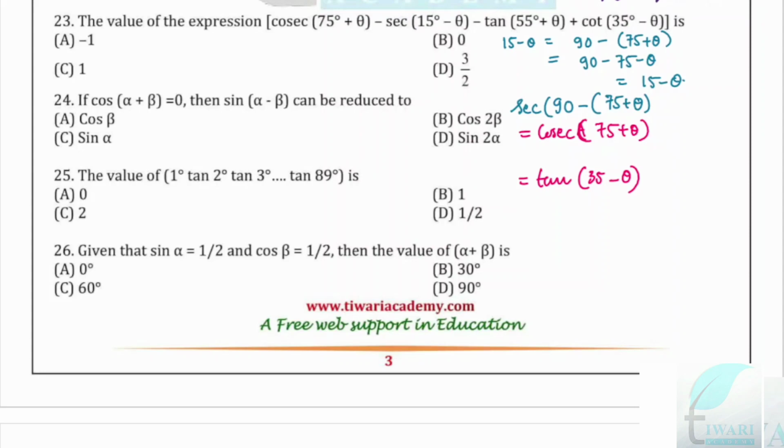Now putting equation 1 and equation 2 in this main expression, what we will get is cosec 75 plus theta minus cosec 75 plus theta is equal to 0. So minus tan plus tan, that is also equal to 0. So 0 minus 0 is 0. So option B is the right answer.